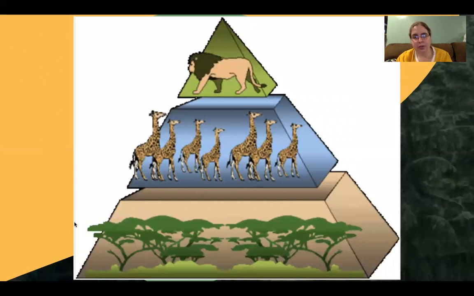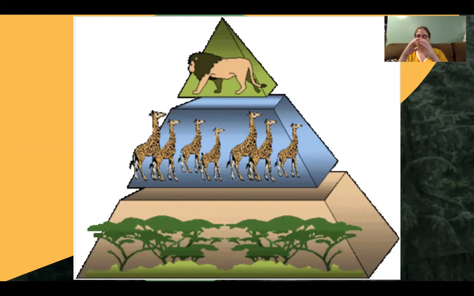So here we're just showing 3 trophic levels. The widest at the base would be the plants, because you need more plant biomass, more producer biomass to support everything above it. If you had more giraffes in terms of biomass than the plants, then that means that there's not enough food to support the larger biomass of the giraffes.